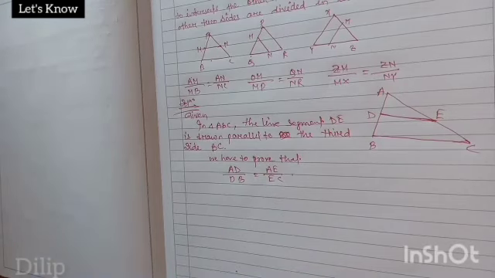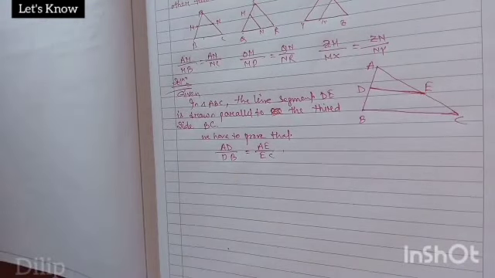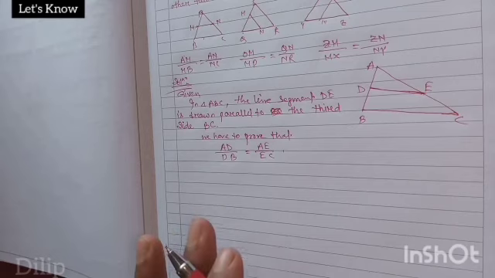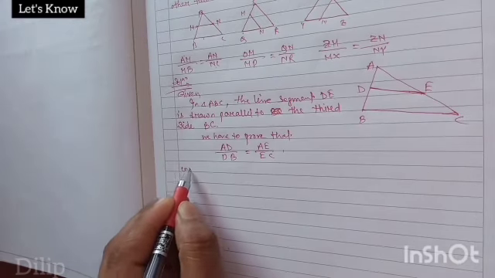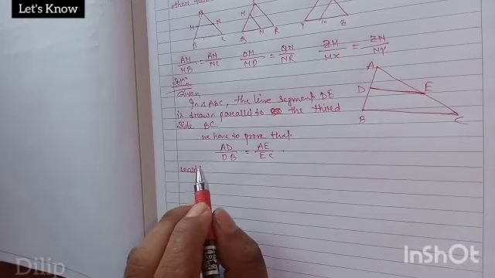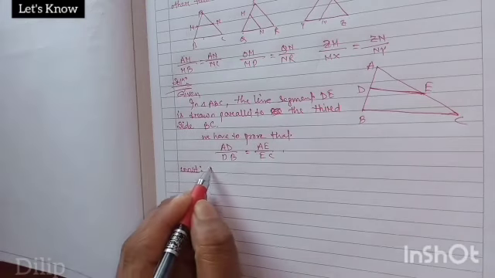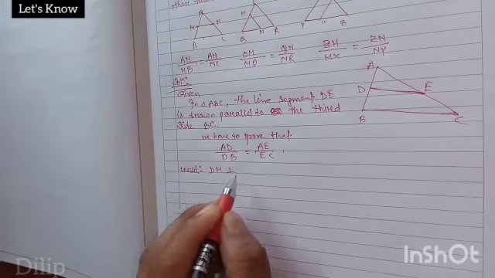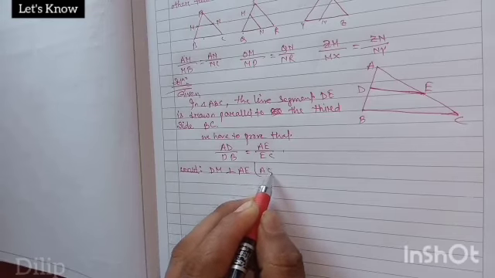Right? So for proving this, what will you do? You have to construct some lines so that it will be easy for you. So now you write the construction. DM perpendicular to AE, in bracket you can write AC.